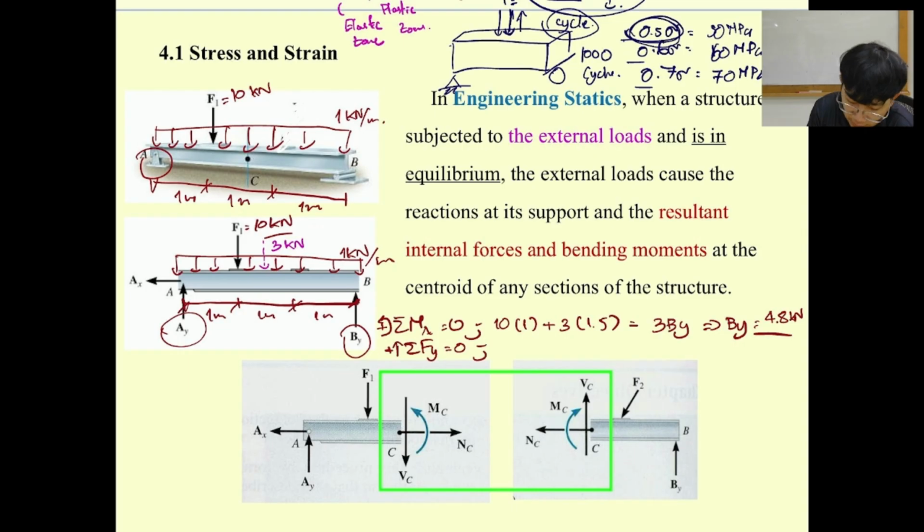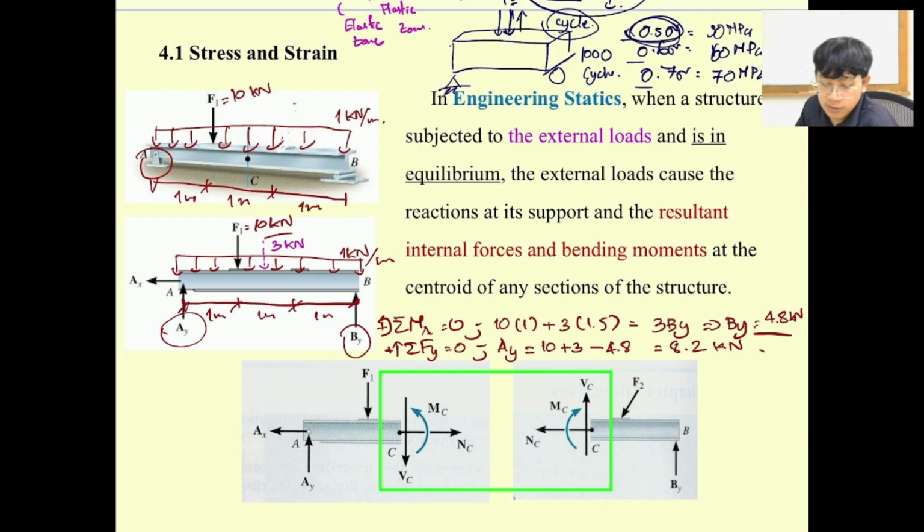We have Ay equal to 10 plus 3 minus 4.8. What is it equal? It's going to be 8.2. Okay. All right.